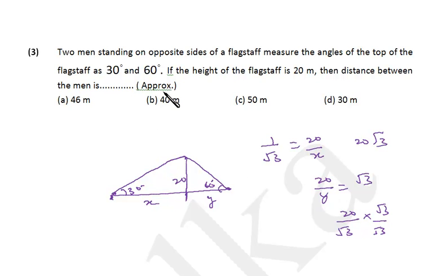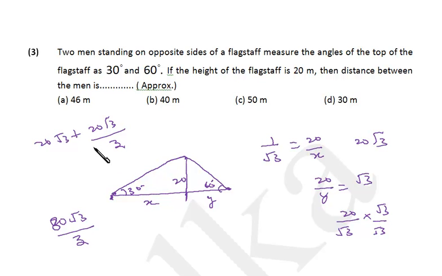Okay, actually we have to find out the approx value. So this is 20 root 3 plus 20 root 3 by 3. That is x plus y, right? So if I take 20 root 3 as common, so that's 1 plus 1 by 3, that's 4 by 3. So 20 root 3 into 4 by 3, so that's 80 root 3 by 3.